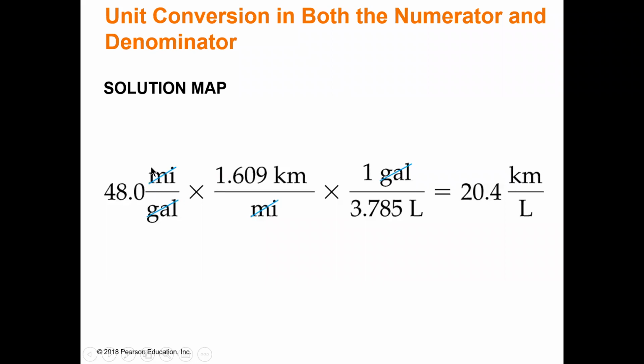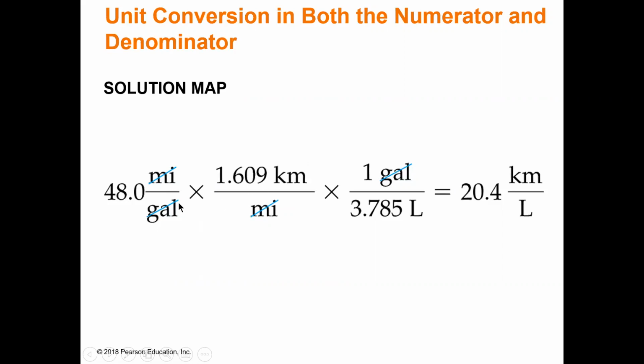The mile is on the top of the fraction bar, the 1 gallon sits on the bottom. So the first thing you can do is convert your miles into kilometers. So I would multiply this by a factor of 1 mile is equal to 1.609 kilometers. You could also do 1 kilometer is equal to 0.62 miles. Either one would work. And what you'll see is that the mile will cancel, right? And we'll be left with units of kilometers.